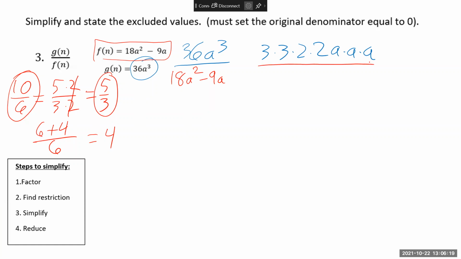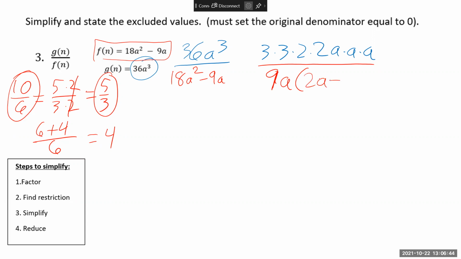On the bottom, I'm going to factor the bottom out as well. So I'm looking at this, and I see 18a squared minus 9a. Is there something that goes into both of those? 9. I'm going to take out that 9. And can I take out an a also? A little bit bigger, 9a. And then left over, I took out 9a from this, so there's going to be a 2a left here.